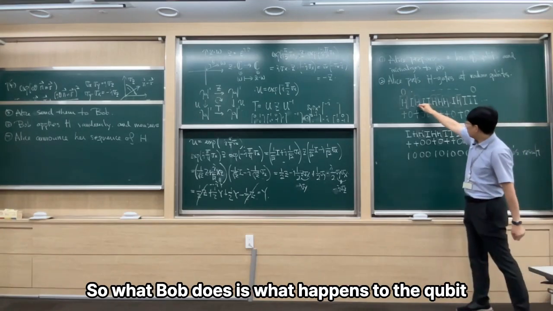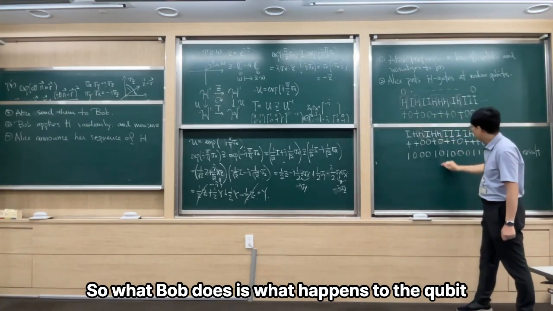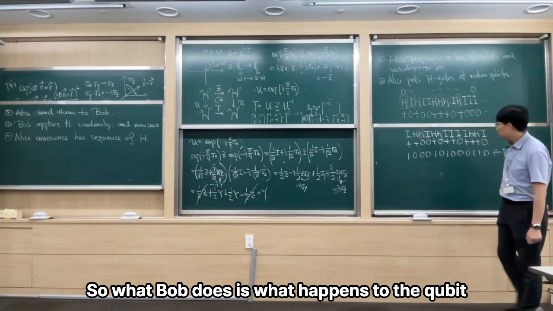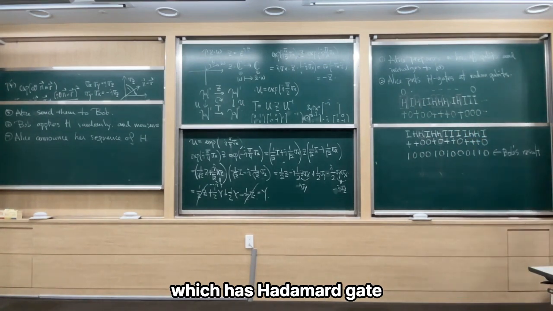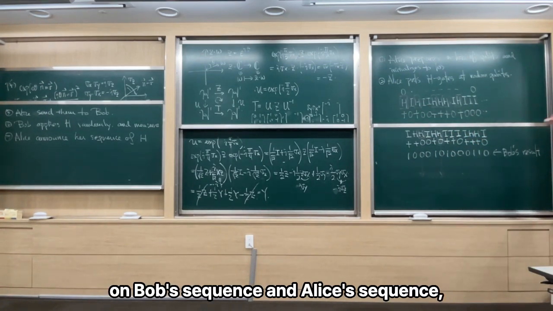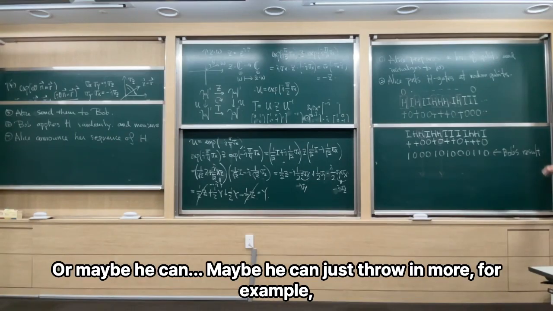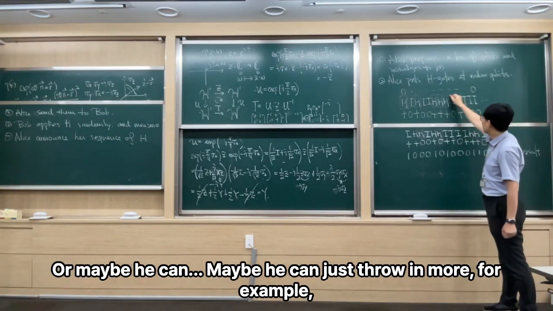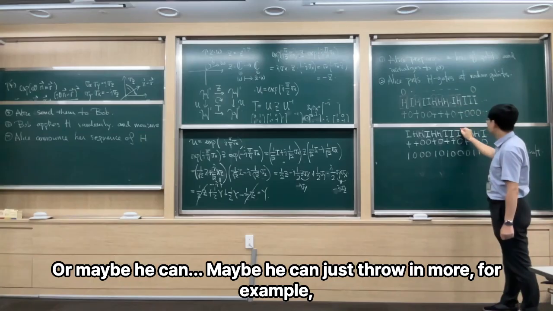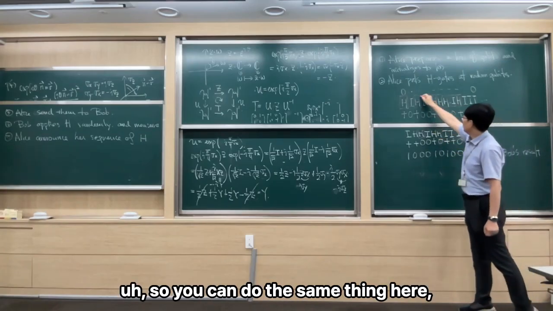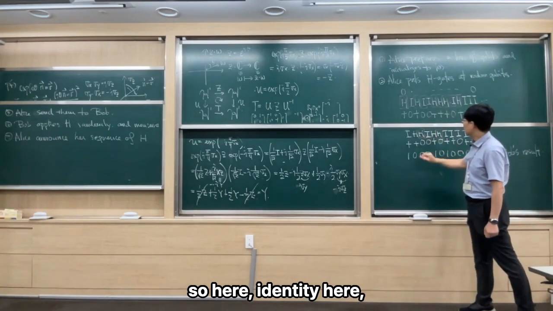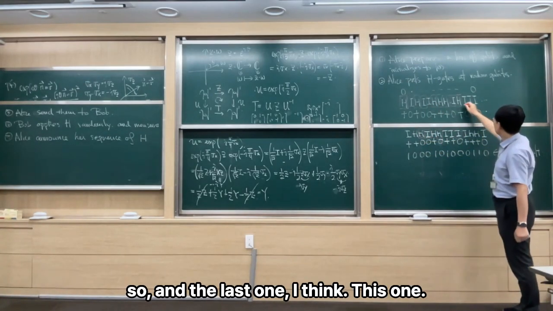So what Bob does is, for the qubits which have a Hadamard gate in both Bob's sequence and Alice's sequence, he keeps them and ignores all the others. For example, here it had the same, so you can do the same thing. Here, identity.